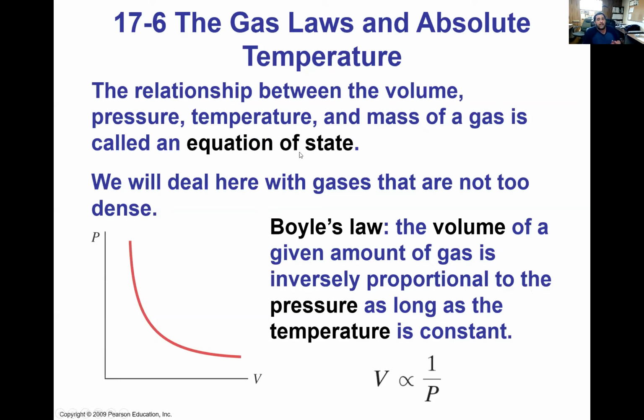So if we don't change temperature, as pressure goes down, volume goes up. As volume goes down, pressure goes up. So if you want to reduce pressure, you're increasing volume. If you want to increase pressure, you squeeze on something and you increase the pressure as you reduce the volume. Okay, so they're inversely proportional at the same temperatures.